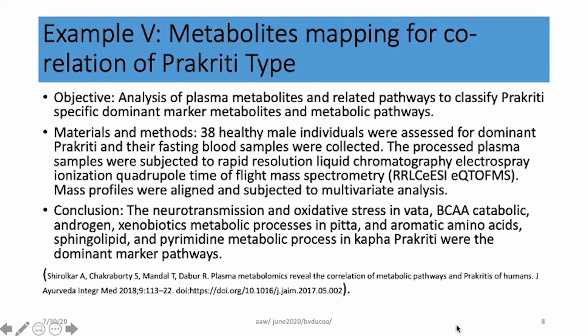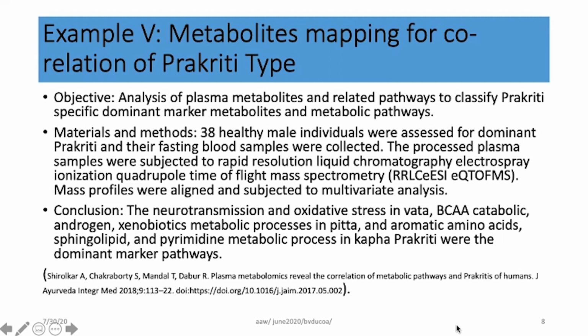The processed plasma samples were subjected to rapid resolution liquid chromatography, electrospray ionization, quadrupole time of flight, mass spectrometry. It's a huge, long test. Mass profiles were aligned and subjected to multivariate analysis.